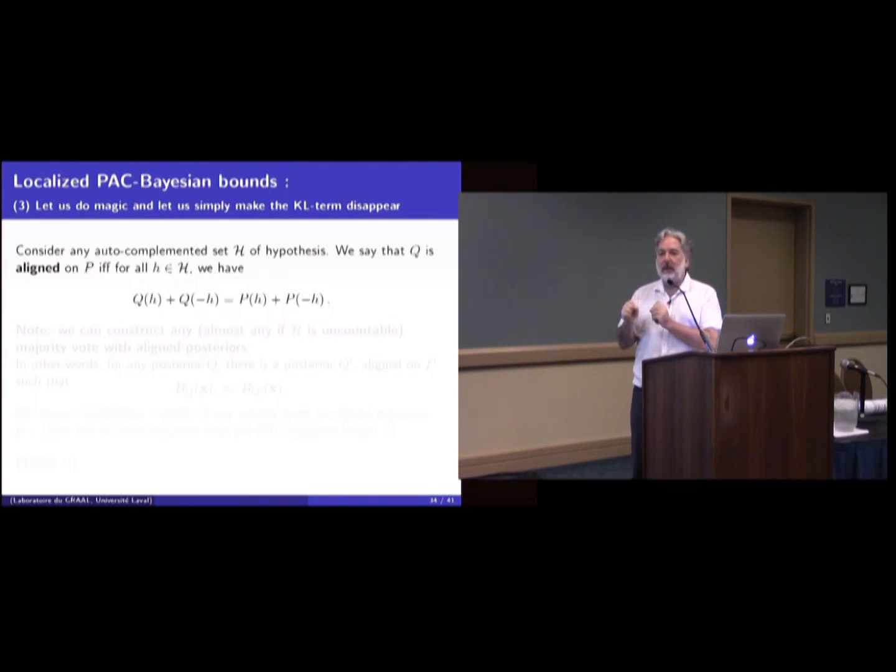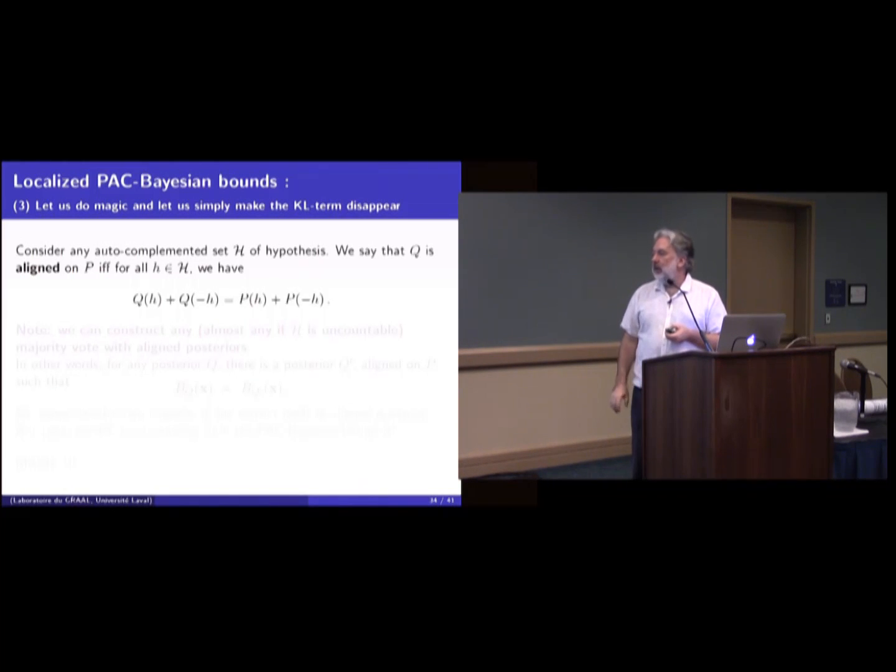For example, if you have 2n voters, it means that each voter cannot go too far from P. If P is the uniform, then the voters cannot have more than a weight of 1/n, because the average will be 1/2n.